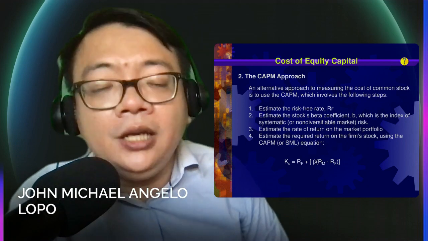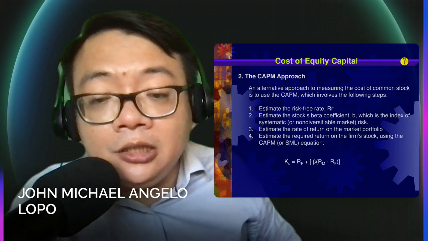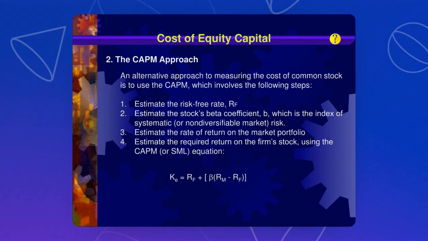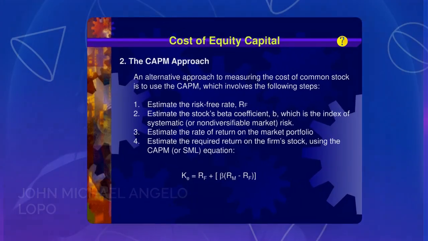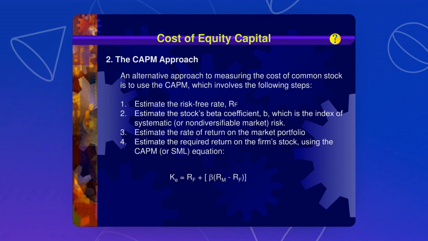Systematic means market-related risk beyond your control. That's why in the cost of equity, what we compute is the beta coefficient of systematic or non-diversifiable risk, because you cannot control it. And RM here is the market return, and RF again is your risk-free rate. By the way, class, RM minus RF is what you call the risk premium.